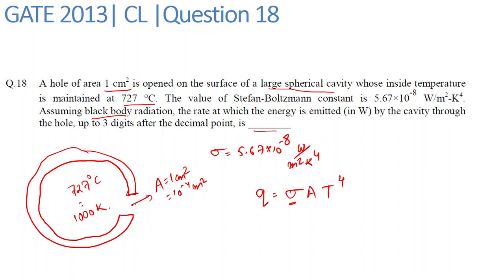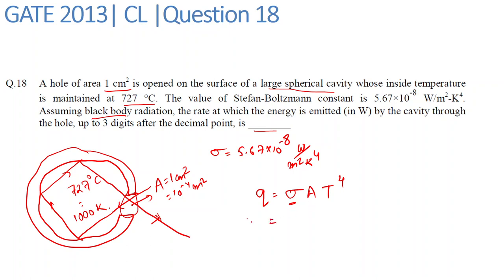In this case, any ray of light that enters this body, let's consider this ray of light in this direction, will keep on reflecting within this black body, and ultimately it only has a single exit, that is this hole. So only from this hole will this black body radiation get emitted. So we will consider the area of this hole, that is 1 centimeter square, and the temperature is the temperature of this body, that is 1000 Kelvin.